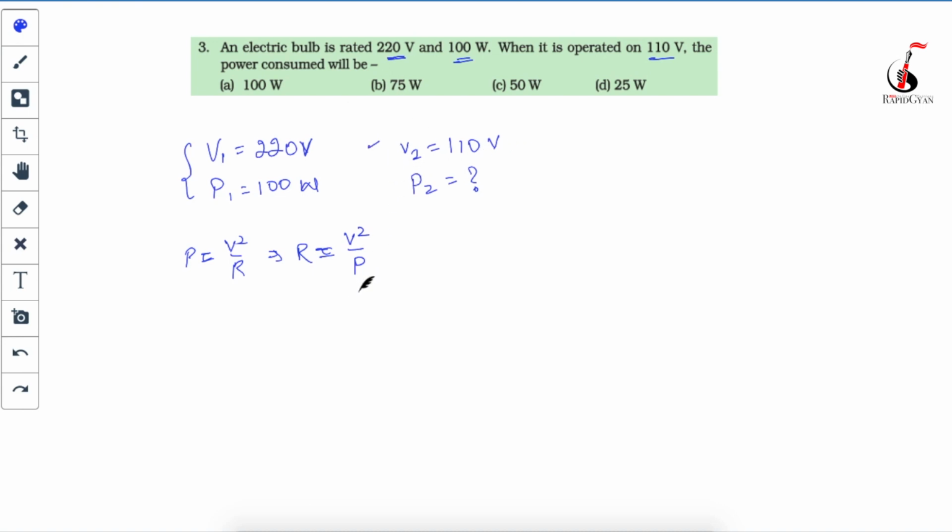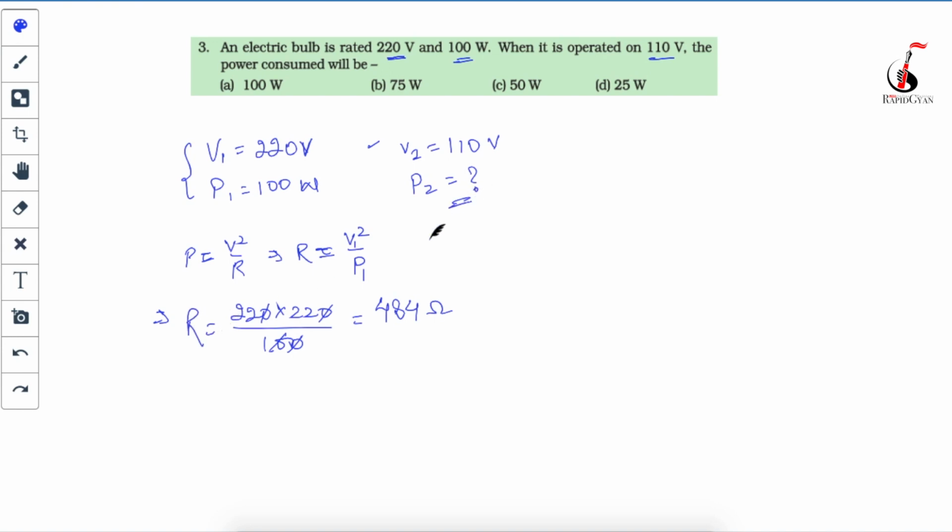So R will become V1 square upon P1. If I solve this, I will simply get 220 square, that is 220 multiplied by 220 divided by 100. The zeros cancel out. 22 times 22 is equal to 484 ohm.